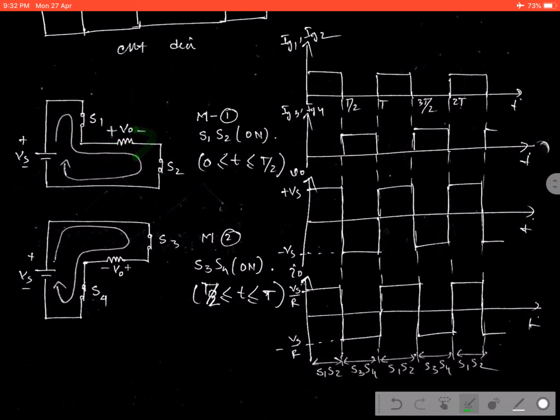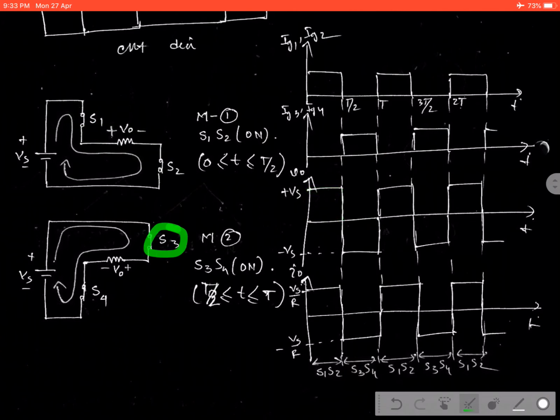Okay, and the voltage appears across the load with this polarity. Suppose we assume it is the positive polarity, and the current direction is from left hand side to right hand side. Suppose it is the positive current. That is the voltage when S1, S2 start conducting.